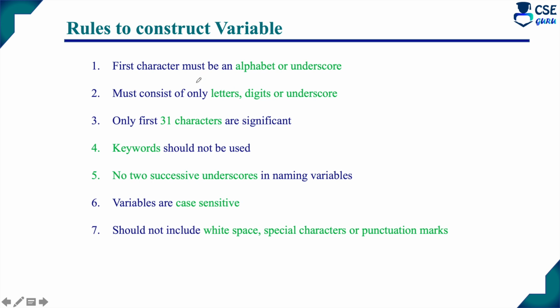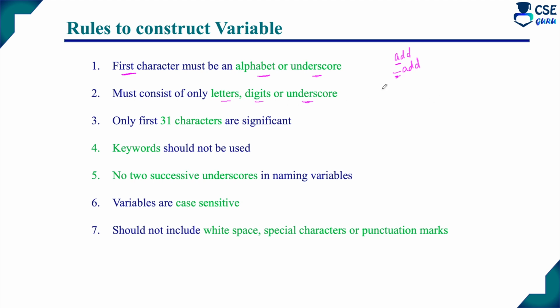Whenever you are naming the variable, the first character should be an alphabet or underscore. For example, add is valid, underscore add is also valid. So, the first character should be either a character or underscore. Next, it should consist of only letters, digits or underscore.